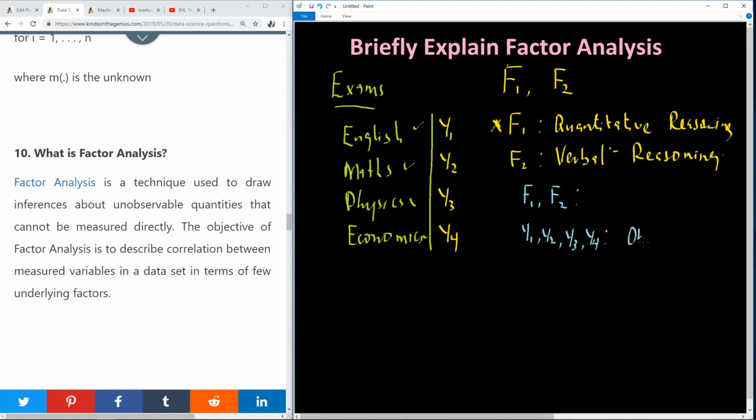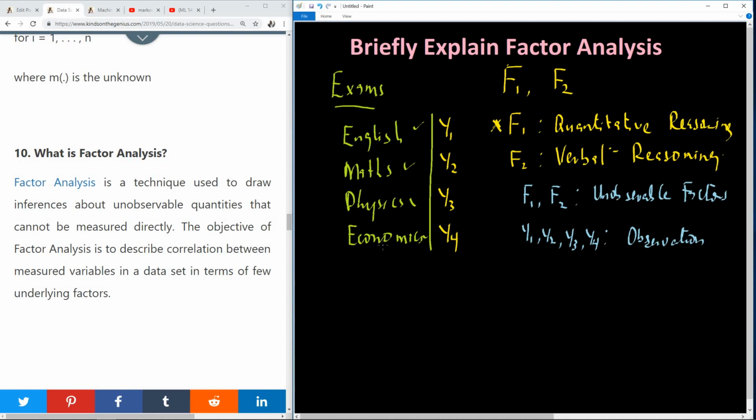These are observations, and these are unobservable factors. Okay, so let's try to establish a relationship between these unobservable factors and the observations.